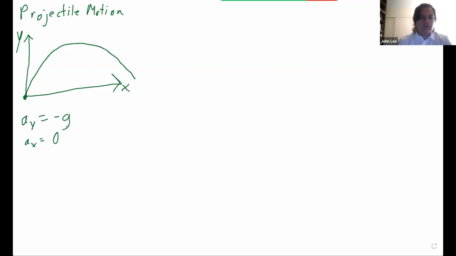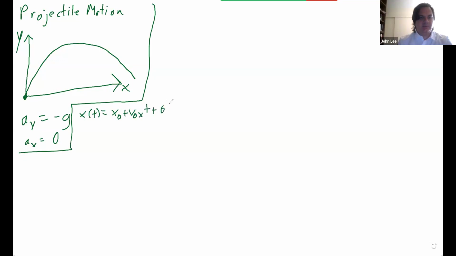So this gives us the kinematics equations: x of t equals x naught plus v naught x t plus 0 t squared, which gives you x naught plus v naught x t.